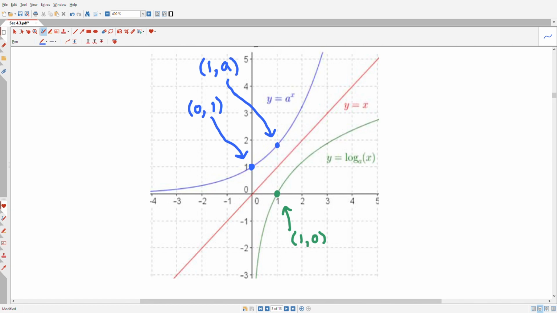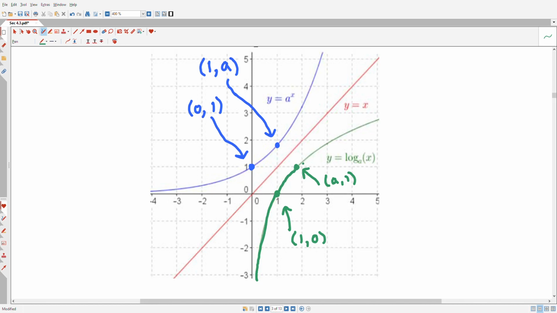And when I reflect that across the line y equals x, by flipping the x's and y's, I'll get this point, which is (a, 1). So if you were to take all the points on this blue exponential graph and reflect them into green points by flipping the x's and y's, you would get this green flipped exponential graph.